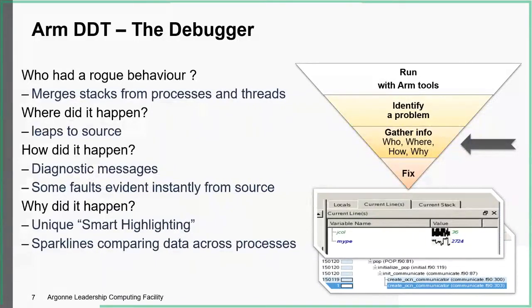One of the useful tools is what you see here on the right. This feature is called sparklines. You may have thousands of MPI ranks, and they all may have different values. So quickly at a glance, you can see what the value is for the current rank for this variable, say jcall, and you can see what the value is across all of the MPI ranks in your run.